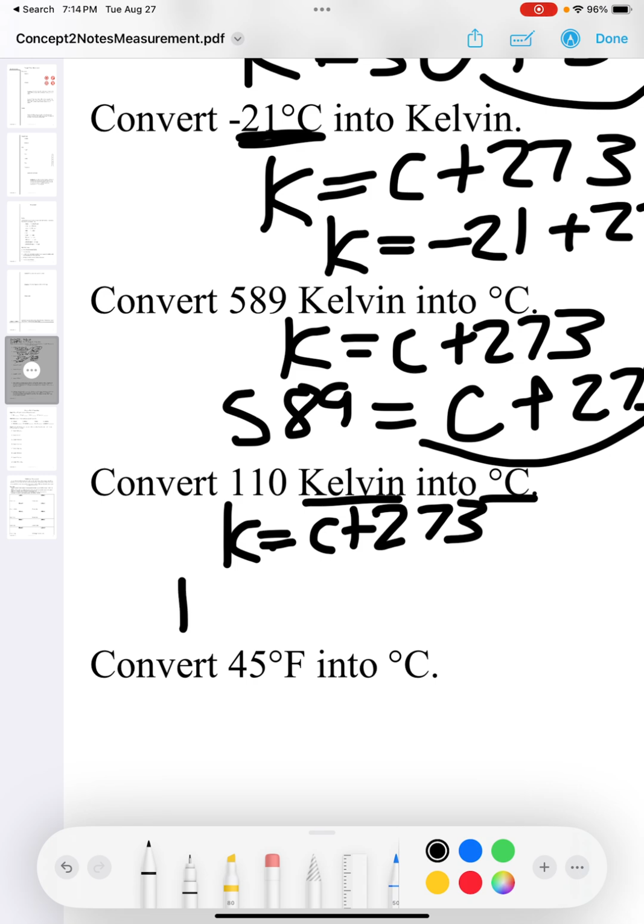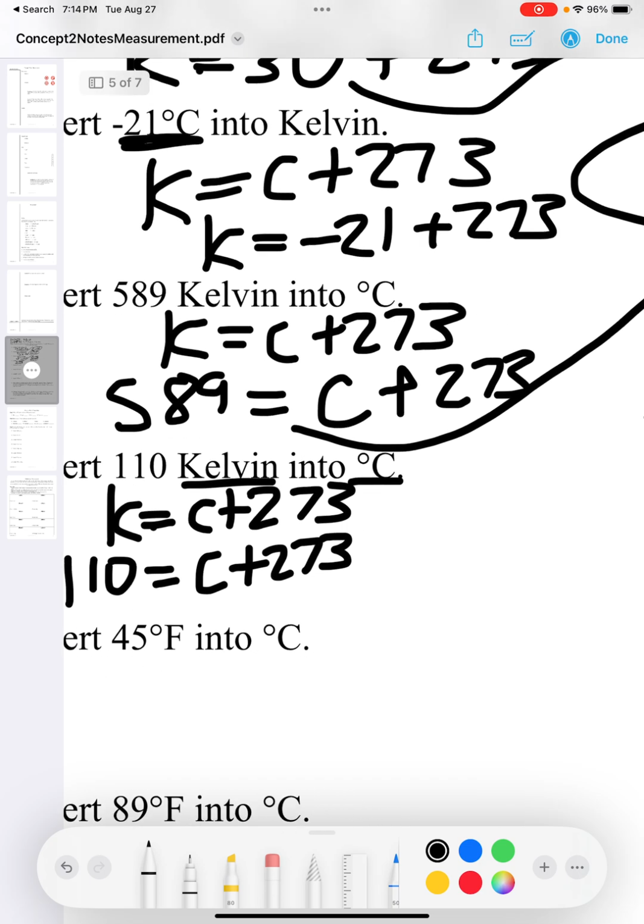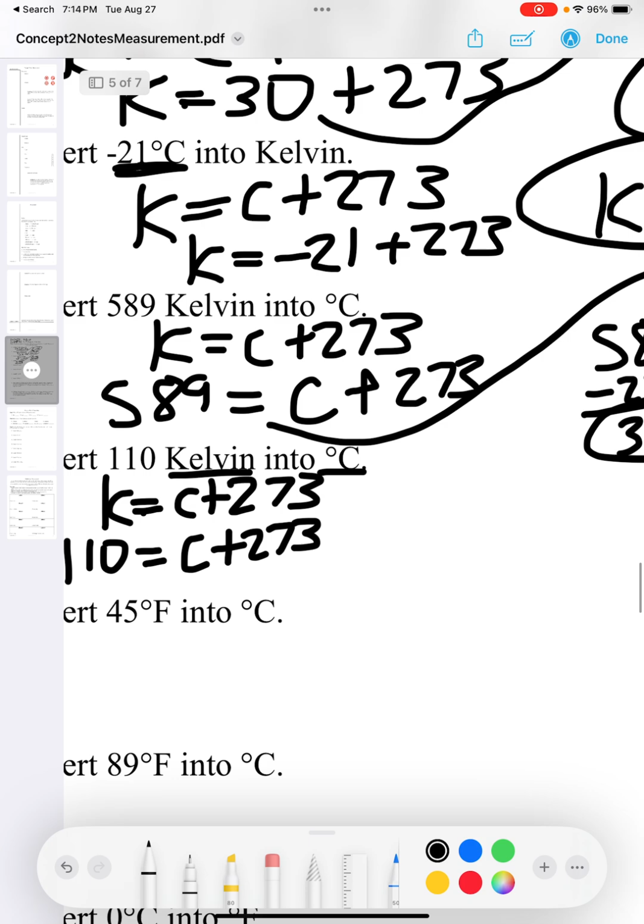We're going to plug that 110 in for the K. And then since we're trying to figure out what it is in Celsius, we have to try to get that C by itself. Okay, I'm going to scooch this over. And I'm going to rewrite it again so we have enough space to do the work.